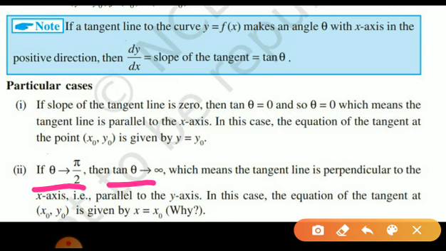That means the line will be perpendicular to the x-axis. If a line is perpendicular to the x-axis, can we say it will be parallel to the y-axis? Yes. Now, if a line is parallel to the y-axis, then the line is given as x equal to some constant.